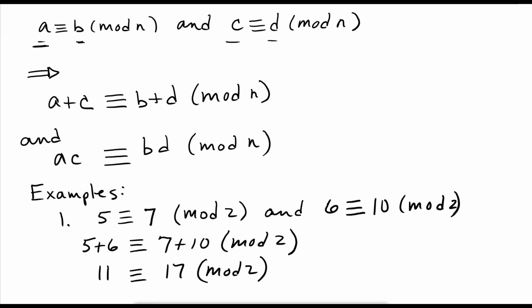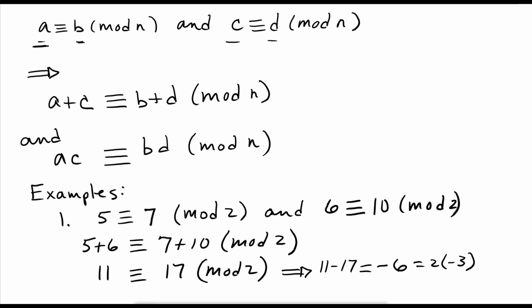And remember, you can look at this in two ways. You could either subtract: 11 minus 17 gives me what? A negative 6. And of course that is equal to 2 times negative 3.